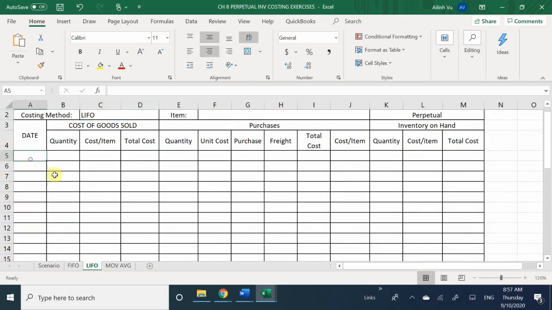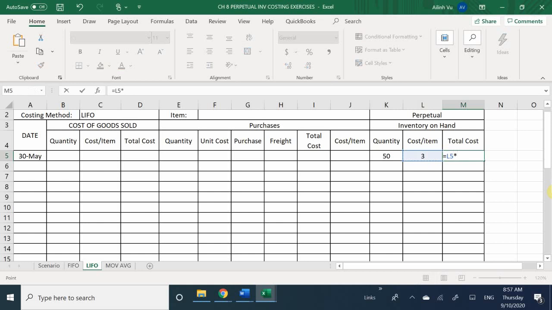So I'm going to go ahead and indicate 530. Where do we put this ending inventory on hand? Inventory on hand, good. So we have 50 items costing $3, and it's 150.